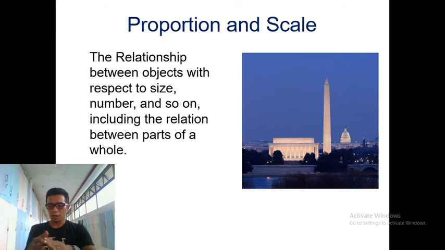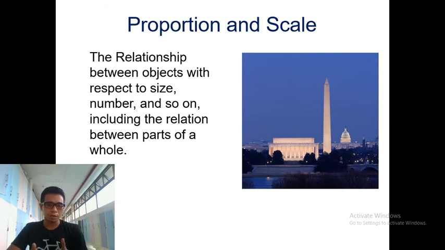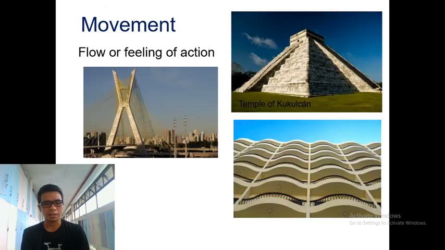For example, ganito kalapad yung area mo. Pagkatapos, ang taas ng building mo. So, parang hindi na siya proportion because maliit lang yung portion ng area eh. Maliit lang yung base mo eh. Maliit lang yung location mo. So, ganun. That's it.